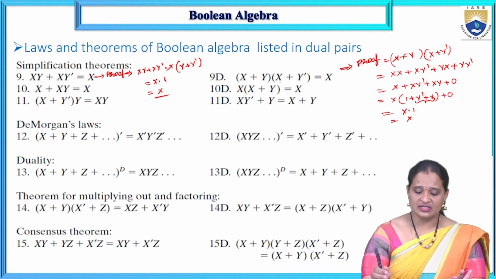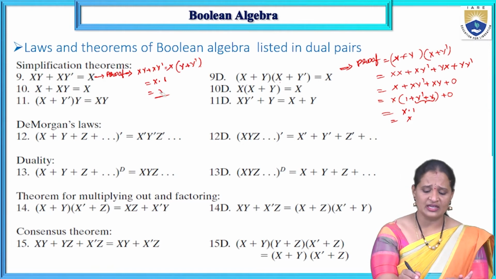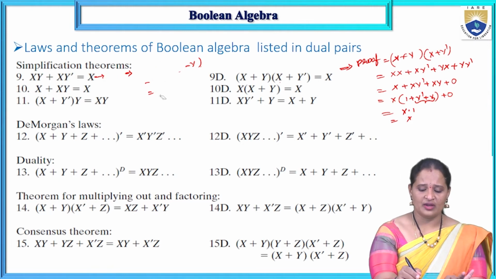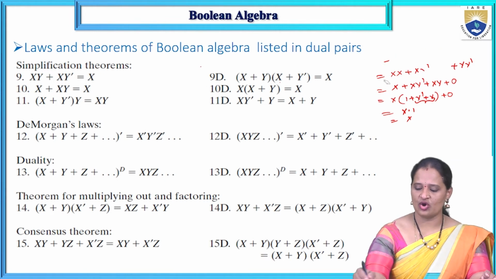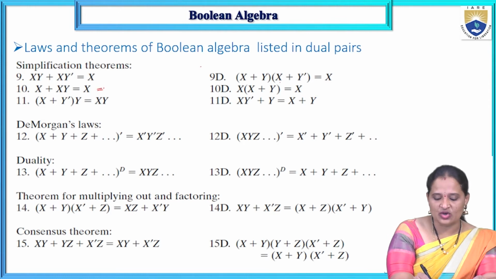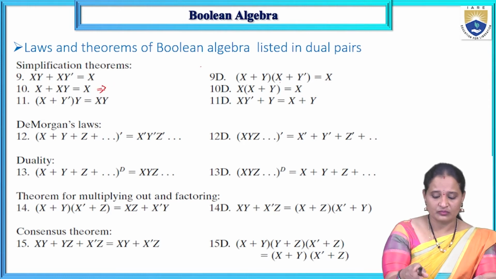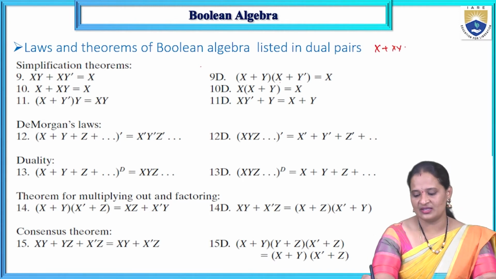Now this is the proof of the 9th one. Now let us see the proof of the 10th one. The 10th law says that x into x plus xy is equal to x.